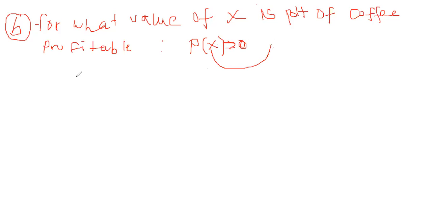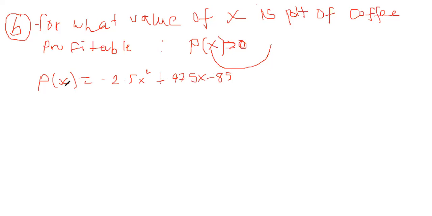So we have our profit function already. We can bring it. So the profit function is minus 2.5x raised to the power of 2 plus 47.5x minus 85.